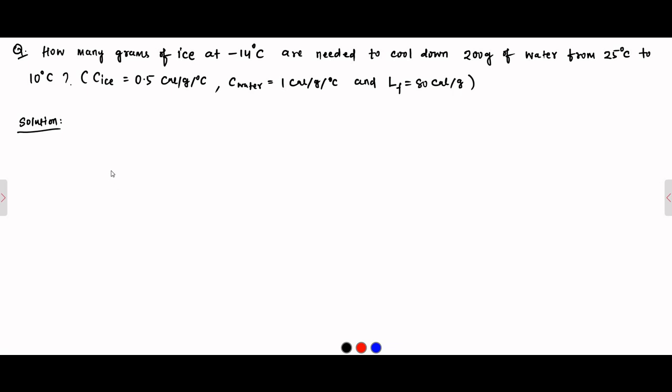So we have, let's say, ice. Let's say m grams of ice at minus 14 degrees Celsius.